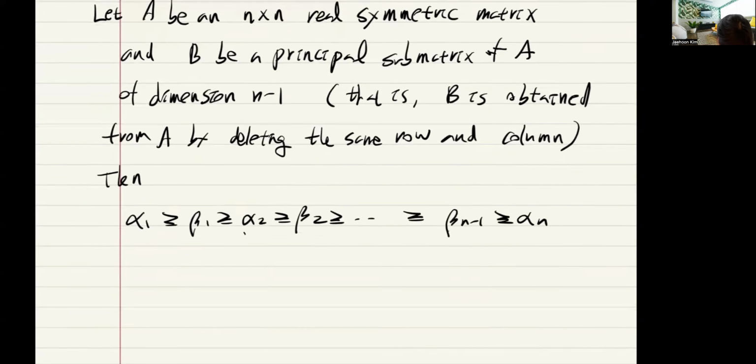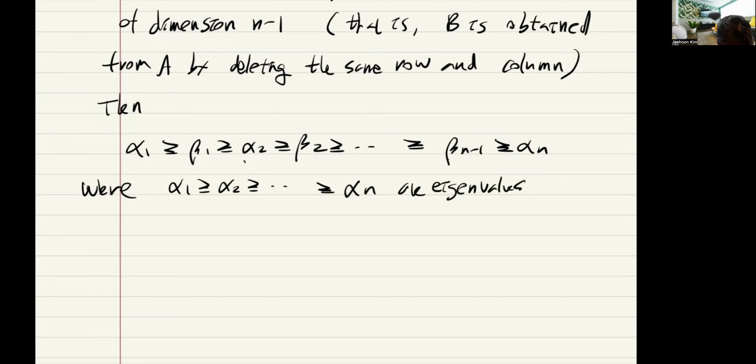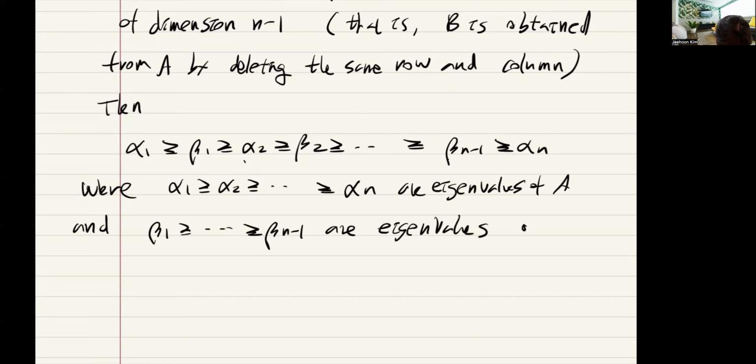So the eigenvalues interlace, where alpha 1 to alpha n are, in order, eigenvalues of A, and beta 1 to beta n-1 are eigenvalues of B, then they interlace.